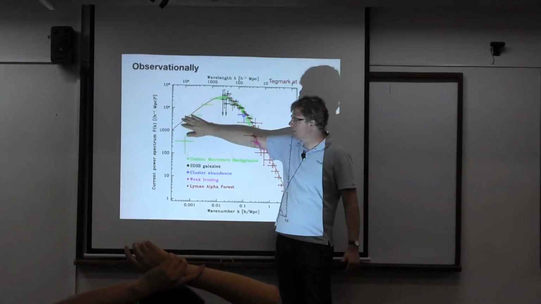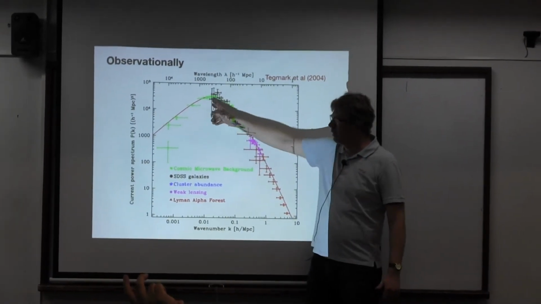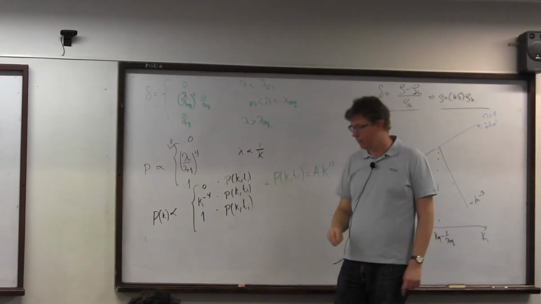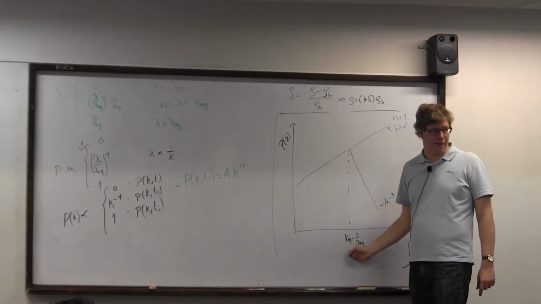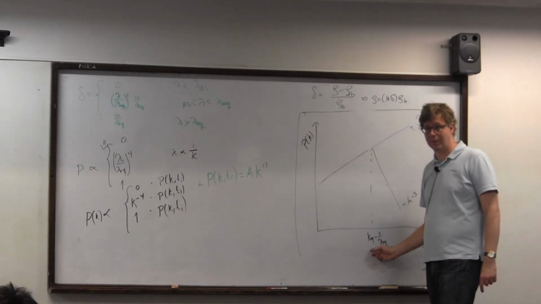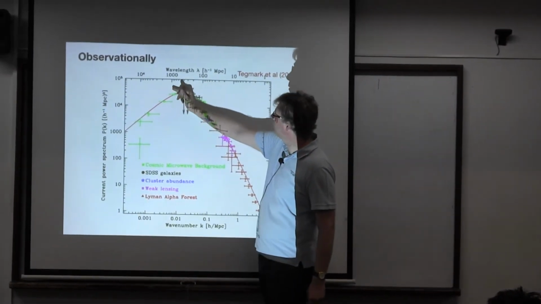This is from the surface of last scattering, which probes really large scales, so beyond this turnover point. And now you can read off from this plot what the horizon size was at the time of equality. And it's here. Okay, you can read it off.